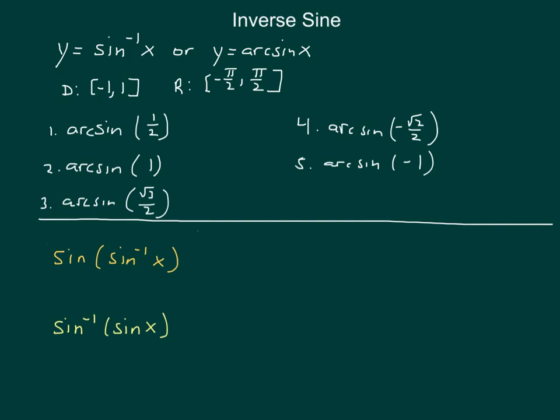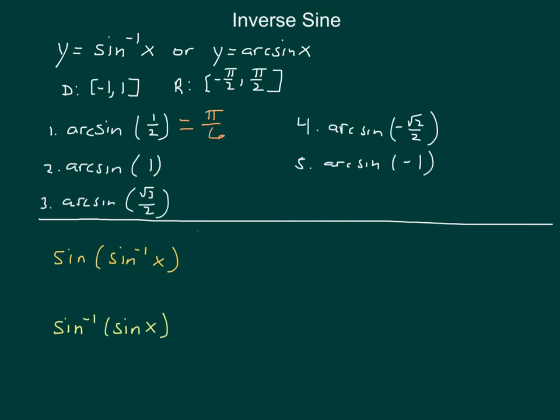So when I look at this first problem, arc sine of 1/2, what we're asked to find is an angle from negative pi over 2 to pi over 2 whose sine is 1/2. That is on the unit circle. If you think about it for a little bit, you might remember it, and it comes out to be pi over 6.